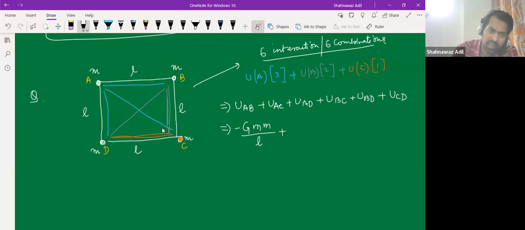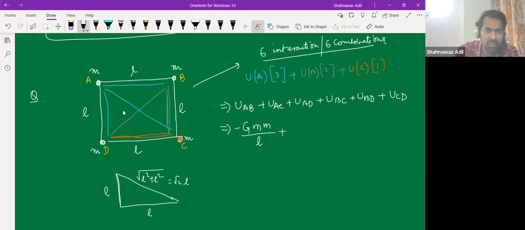This length we don't know, but I know that this is L, this is L. So how much would AC be? It is root of L square plus L square, which is root 2 L. So this AC separation is root 2 L. What would be the potential energy?